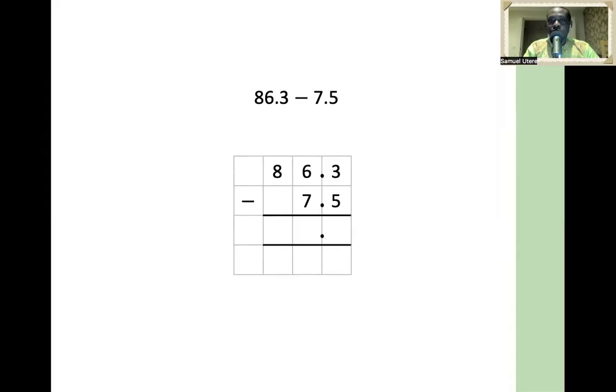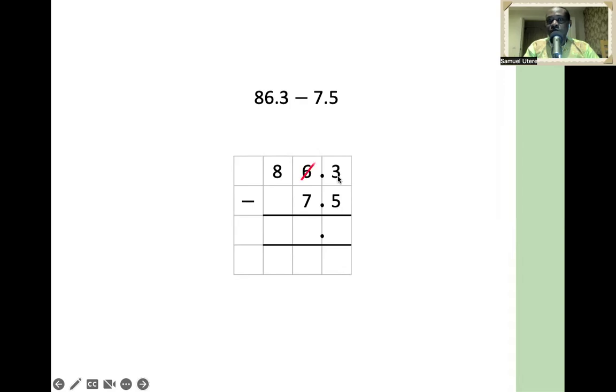Okay. Now, we can start our subtraction. Again, we'll use the same idea that we used when we did integer subtraction. You have to think about doing an exchange if you find out that the number you want to subtract is not going to be sufficient. So in this case, we won't be able to subtract 5 tenths from 3 tenths.